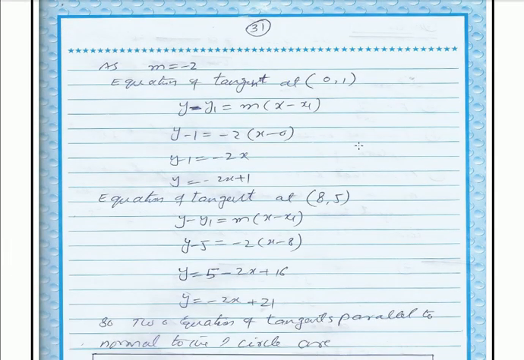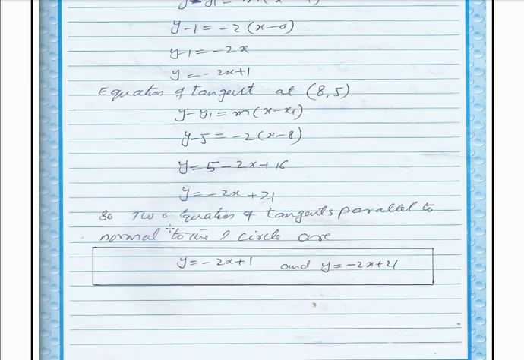As m equal to minus 2, because they are parallel to the normal, by using the first point the equation of tangent is y equal to minus 2x plus 1, and by using the second point y equal to minus 2x plus 21. So the two equations of tangent parallel to the normal are y equal to minus 2x plus 1 and y equal to minus 2x plus 21.